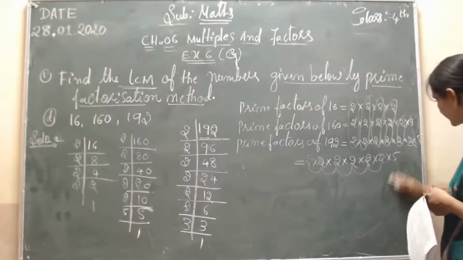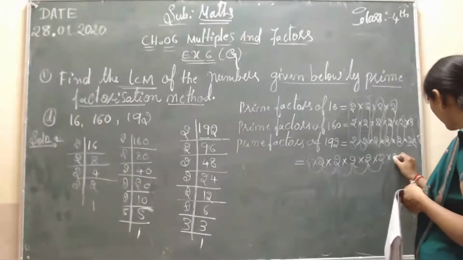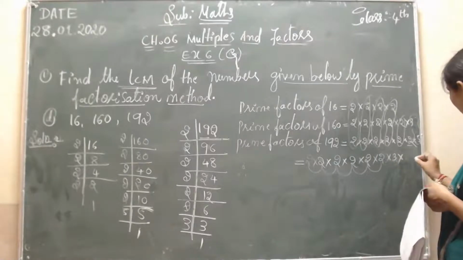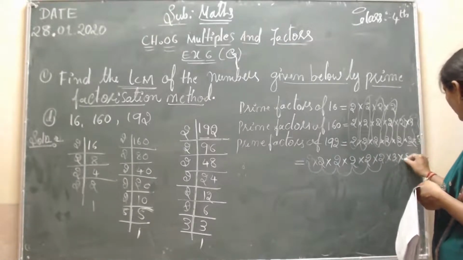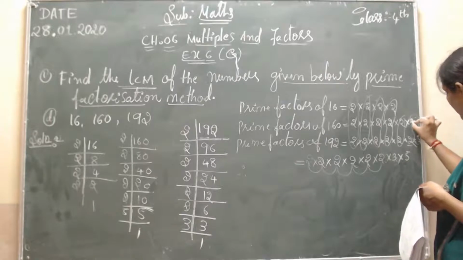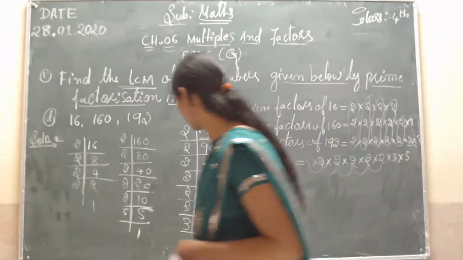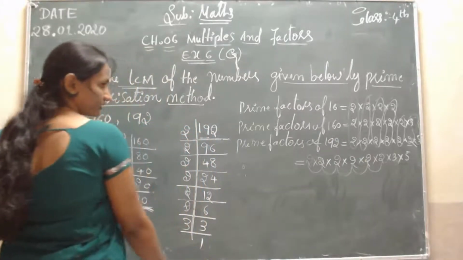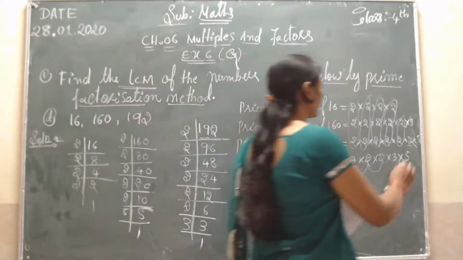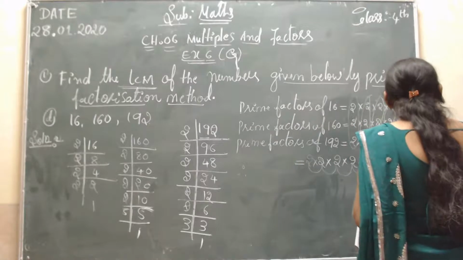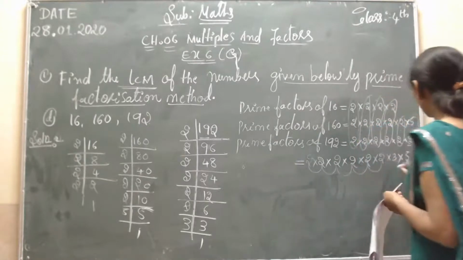So what you have to consider here is 3, students, because 3 is not a given common factor. Sorry, this is 3. So here you come to 3. So you have to write 5 here, but here 3. So you have to write here.